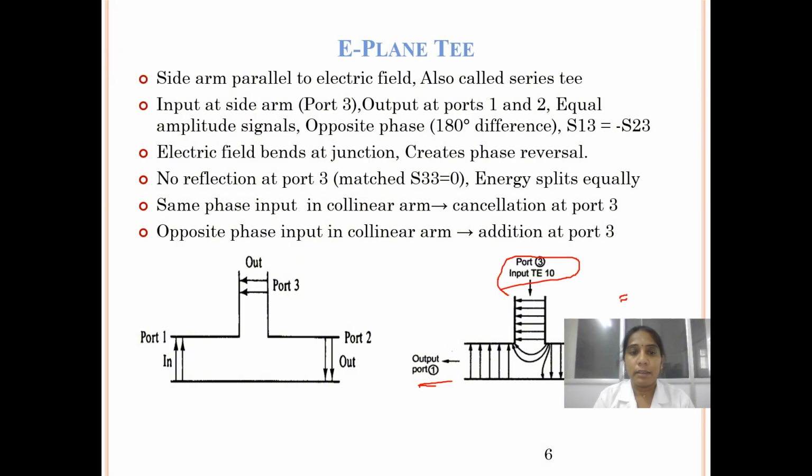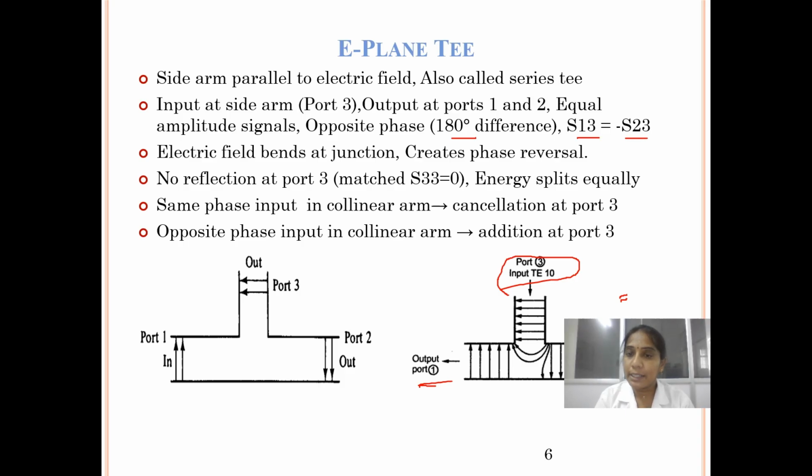Whenever you apply input in port 3, you will get the output in port 1 and port 2, but those waves will be equal in magnitude with a 180-degree phase difference. Because of this, we can write S13 is equal to minus S23.